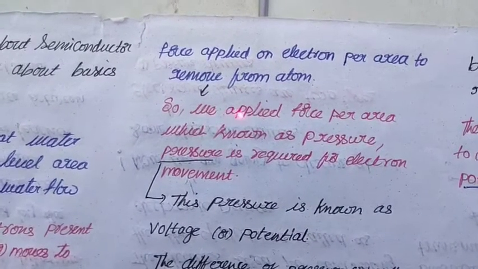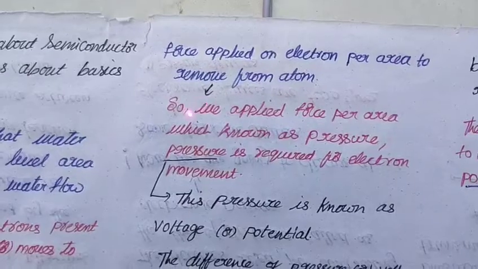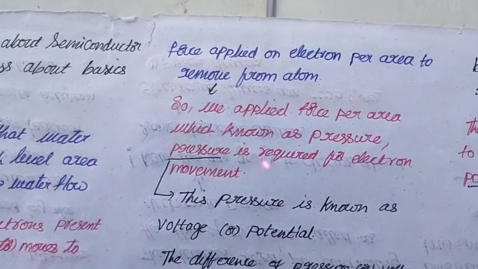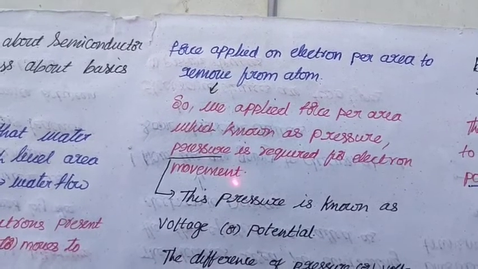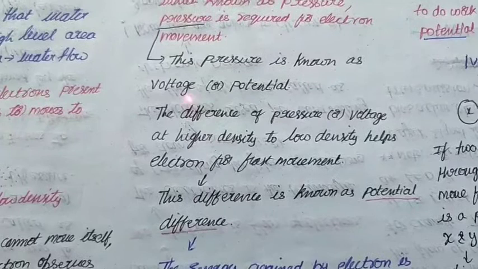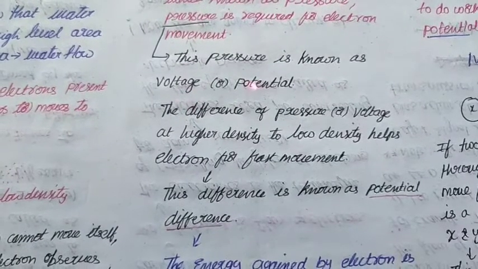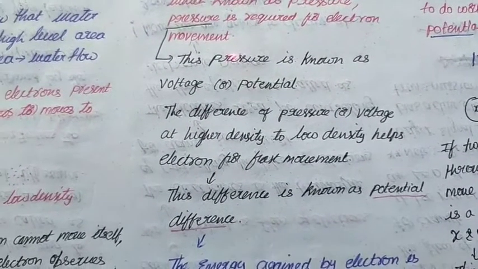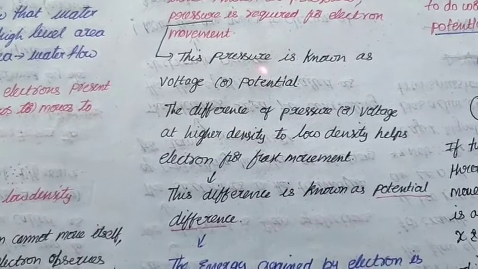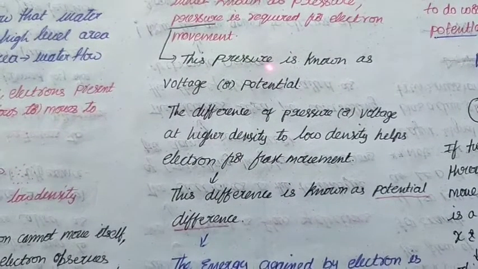So we apply force per area, which is known as pressure. Pressure is required for electron movement. This pressure is known as voltage or potential. Voltage is a type of pressure which is used to move electrons from one place to another.